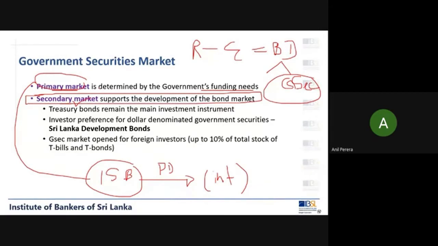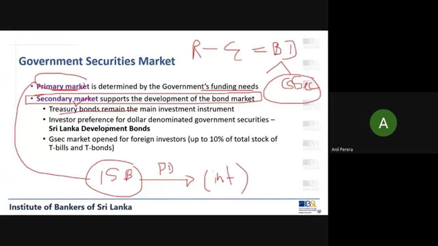But when the primary dealer system was introduced around 2000, those primary dealers actively started trading in the secondary market. In Sri Lanka, treasury bonds are the main instrument. If you look at the size of our portfolio, the majority of the instruments are treasury bonds. Treasury bonds mean more than 1 year to longer periods, right?